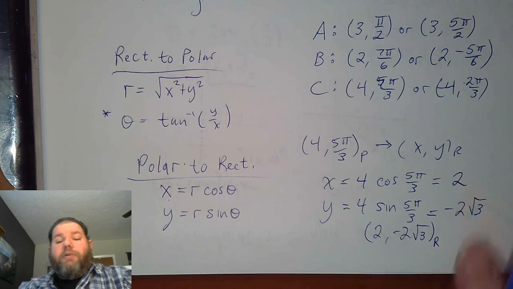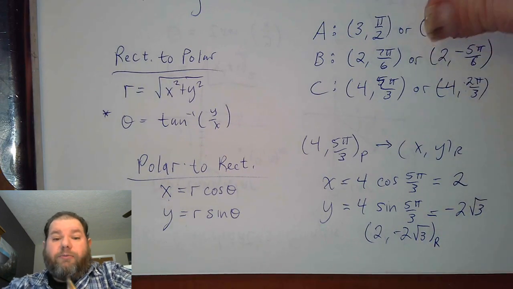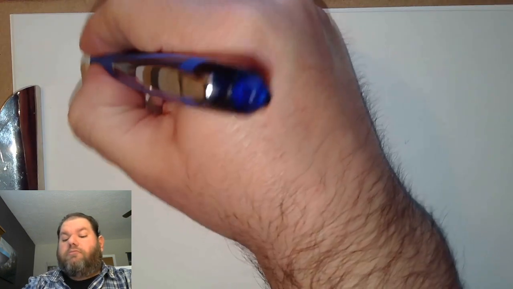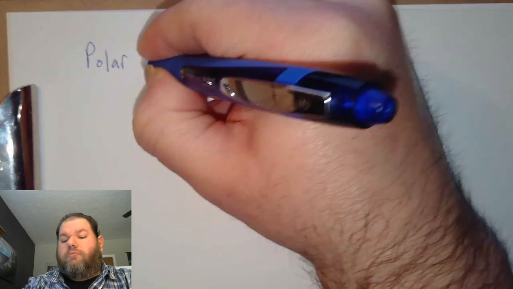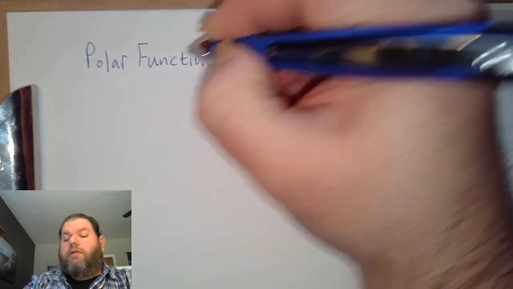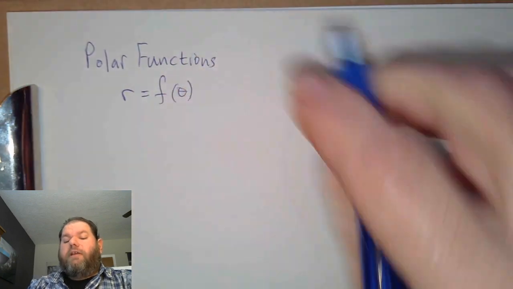Typically, when we have a polar function, we write it as r equals a function of theta.